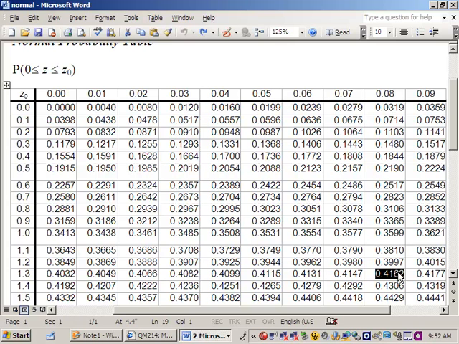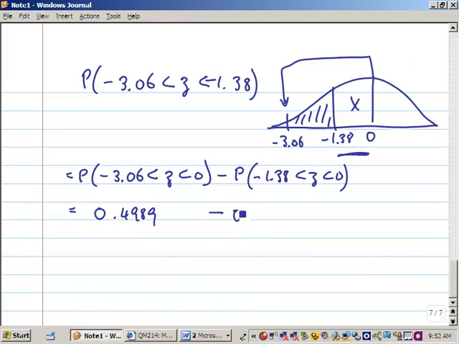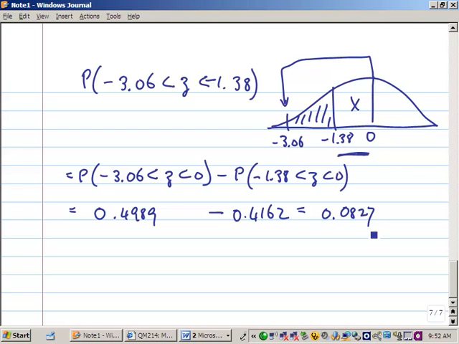Alright, 1.38. That value there, 0.4162. Okay, my calculations show that that's 0.0827. Alright, so again we can see that something on the negative side is just analogous to something on the positive side.